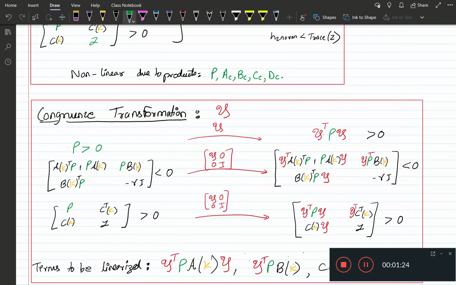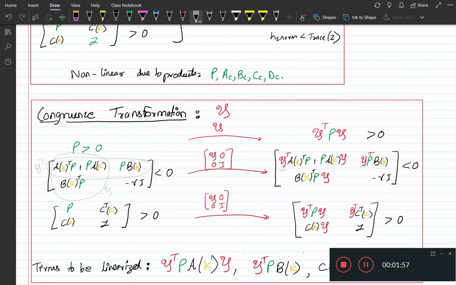Again, as we did before, we use the matrix Y, 0, 0, identity for the congruence transformation of the second matrix inequality, and if we do that, we would then multiply the first row from the left by Y transpose, and the first column from the right by Y, and this is what you see here.